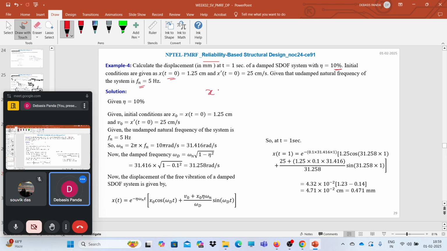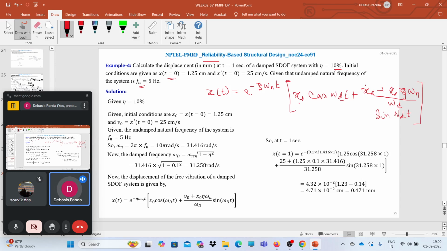Just recall: x of t is nothing but e to the power minus zeta omega n t, times x naught cos omega d t plus x naught dot, that means the initial velocity, plus x naught zeta omega n divided by omega d, sine omega d t, right?